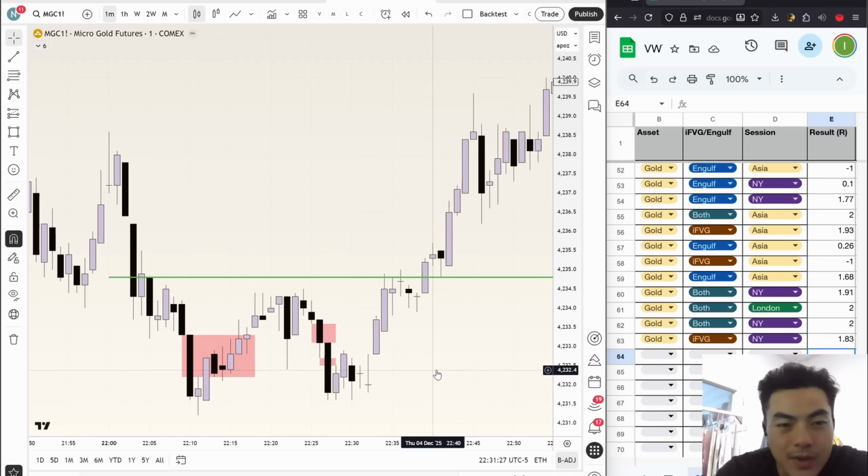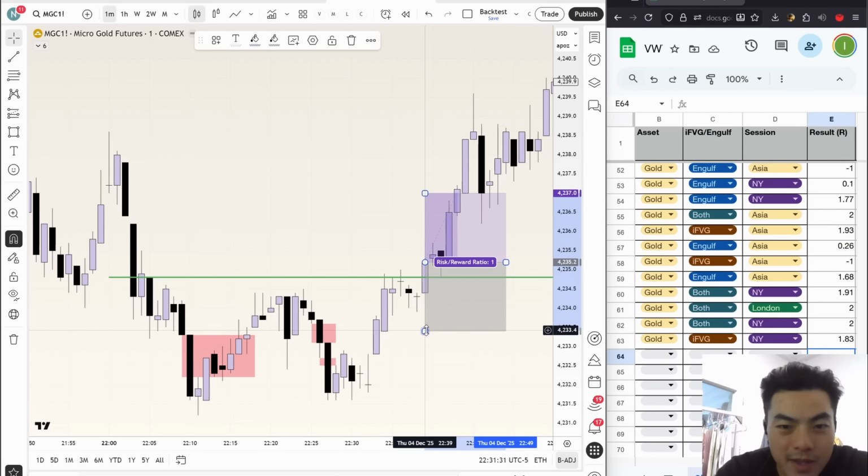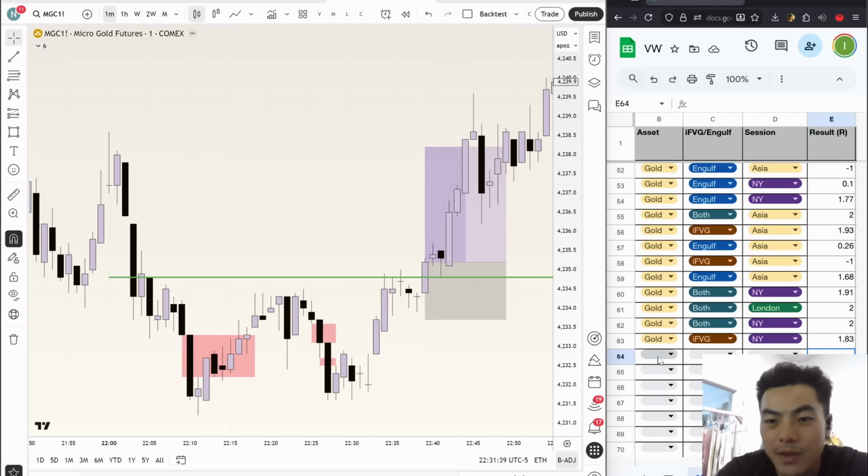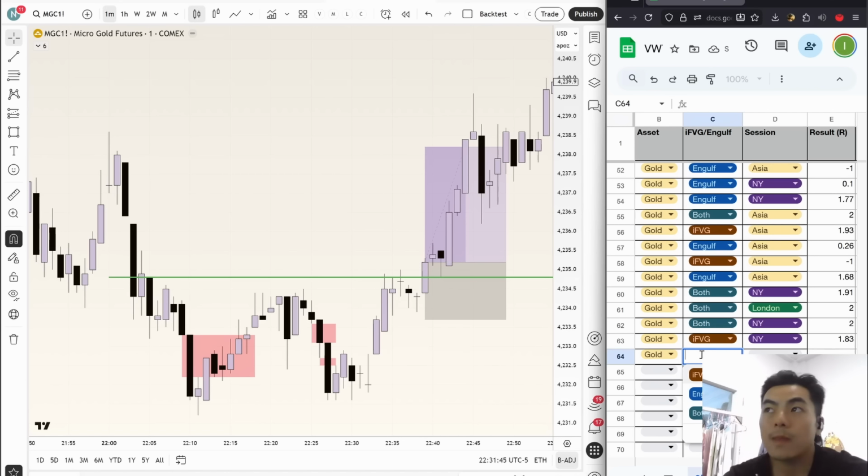So you can enter as soon as we close back above the POI there, stop below the most recent low, targeting this high there. Two R in the bag. Inverse fair value gap entry, that's Asia.